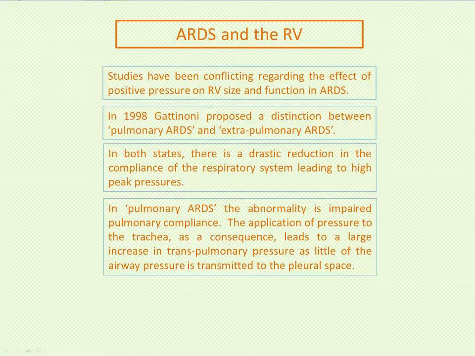transpulmonary pressure. Remember, the transpulmonary pressure is your alveolar pressure less your pleural pressure. So if you have very stiff lungs, your alveolar pressure will go up out of proportion to the increase in pleural pressure. The pleural space is seeing less of that airway pressure being transmitted to it, so the transpulmonary pressure goes up.